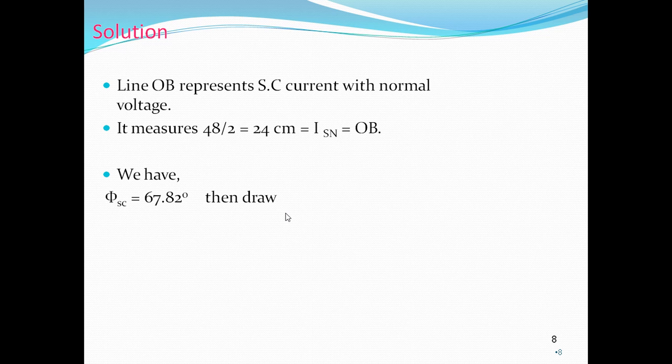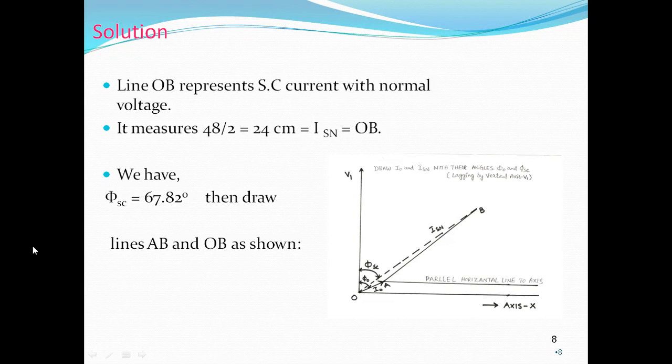So after getting this short circuit power, we have to draw ISN, that is OB, at an angle of 67.82 degrees. So what we have to draw now?